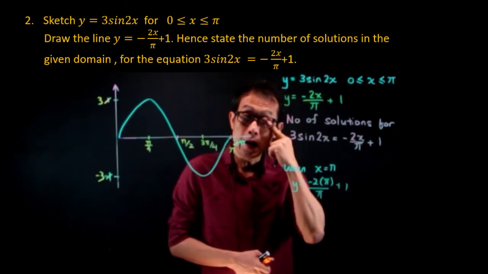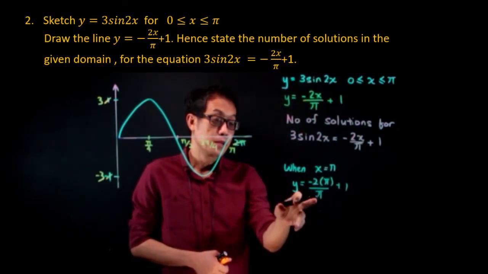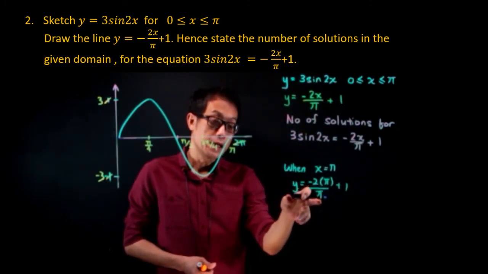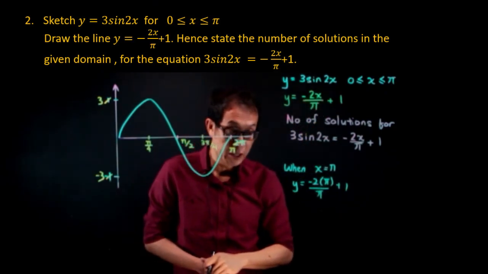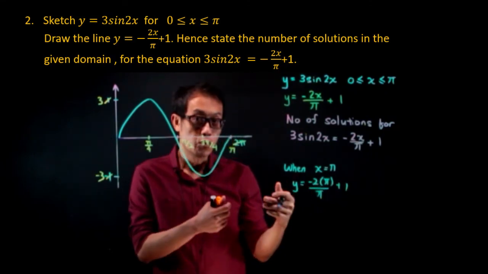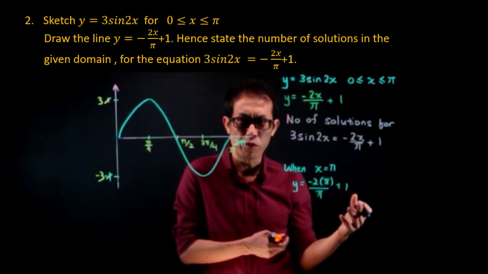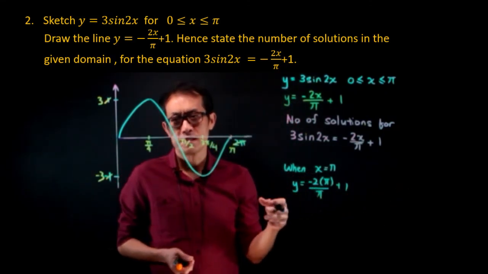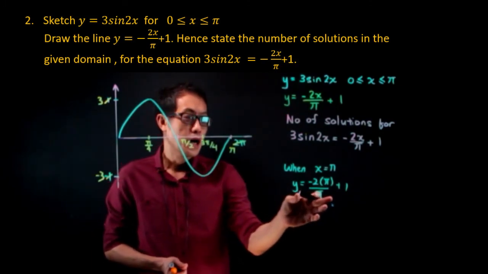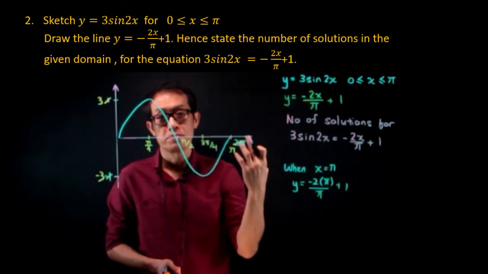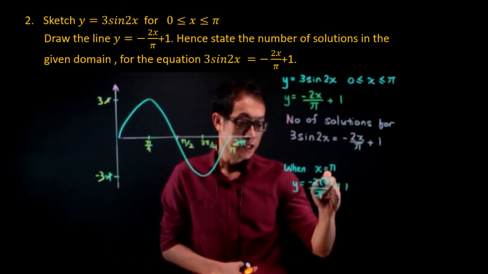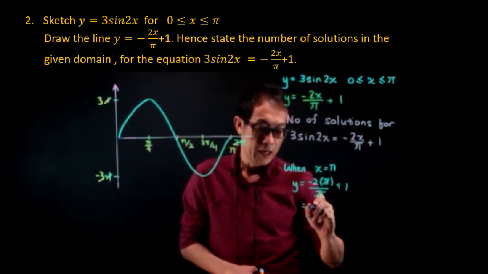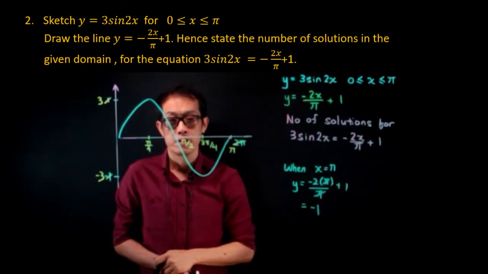Why do I choose pi? Because I see pi as denominator and you have an x at the numerator. So in order to work with a decimal 3.142 whatever, you need to key in the calculator. So I conveniently choose x as pi so that I can cancel it away. Just like this, and you got y as minus 1.